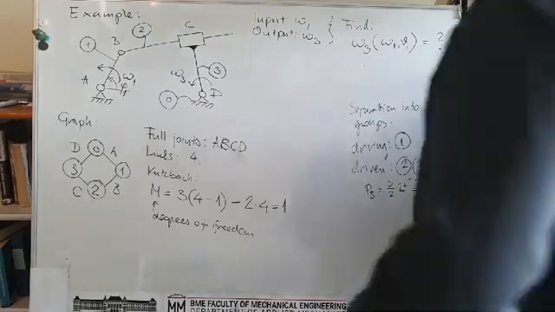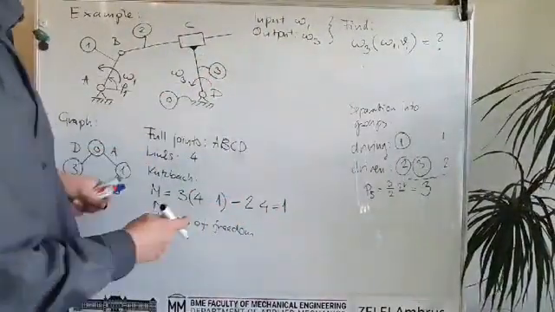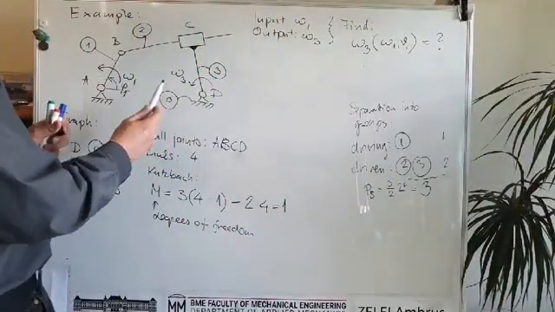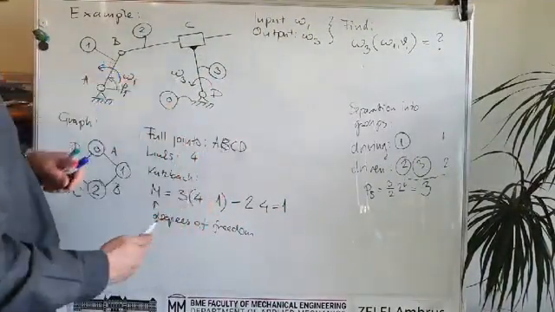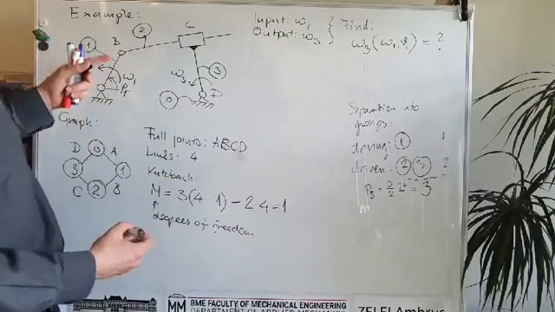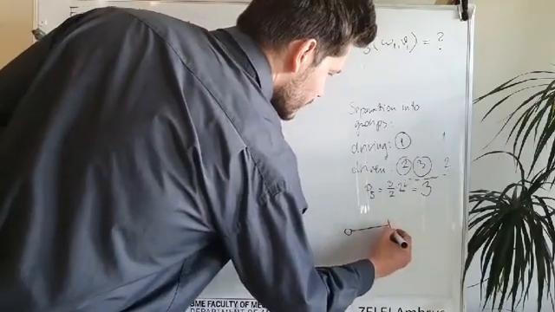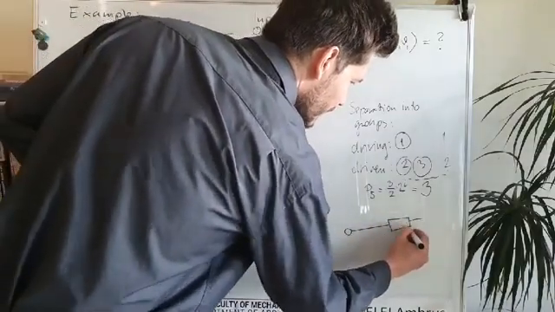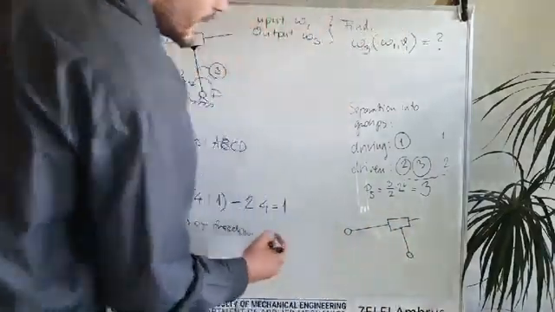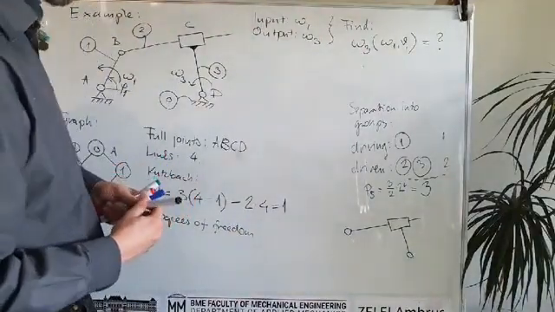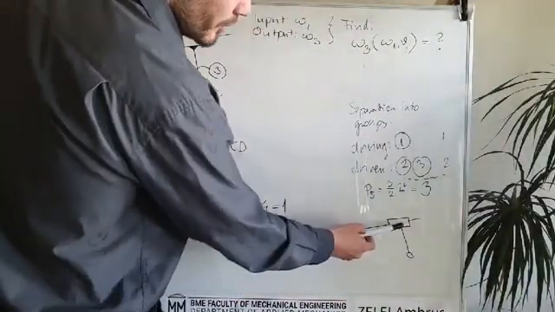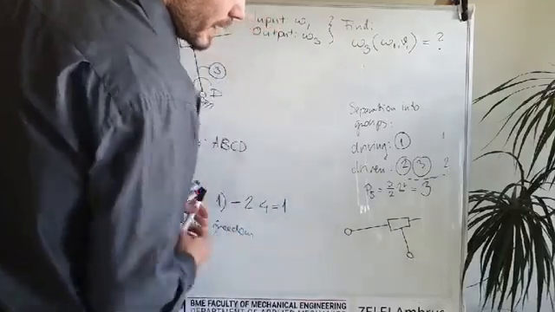So if we create this separation into groups, then there should be 2 links in the driven part with 3 joints, and it really works. So this will be the driven part of the mechanism, and yes, it really contains 3 joints, 1, 2 and 3, and 2 links.